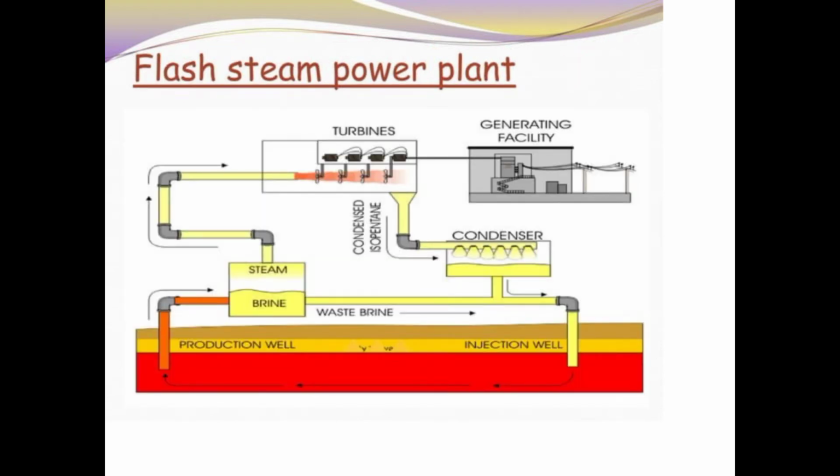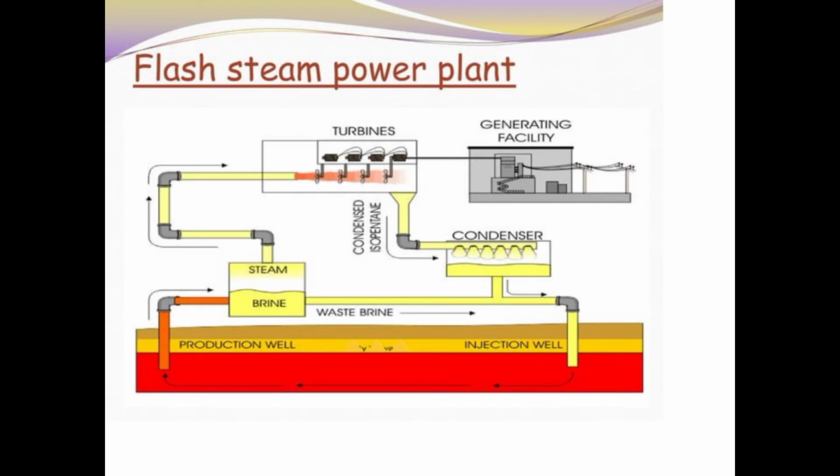Now the flash steam power plant. You can see here that it is similar to the dry steam power plant, but with the addition of a brine solution. Steam is produced and passed through the brine solution, and then it goes to the turbine, is condensed again and goes back inside the geothermal reservoir. Again this water is heated and steam is produced.